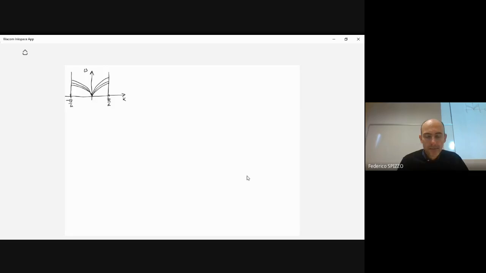Okay, so the idea is to try to measure this diagram experimentally.